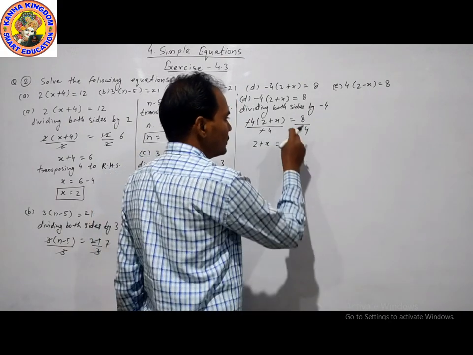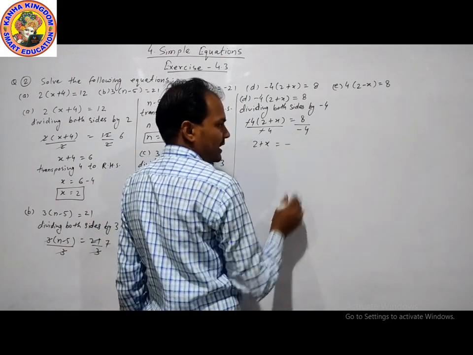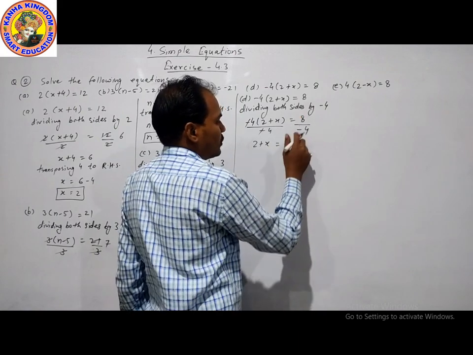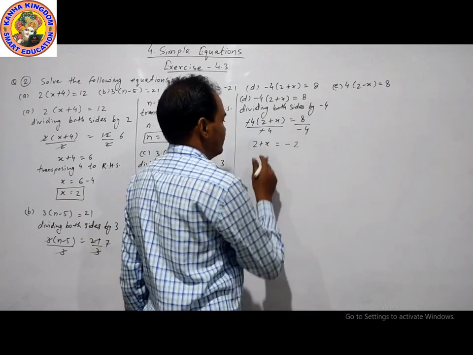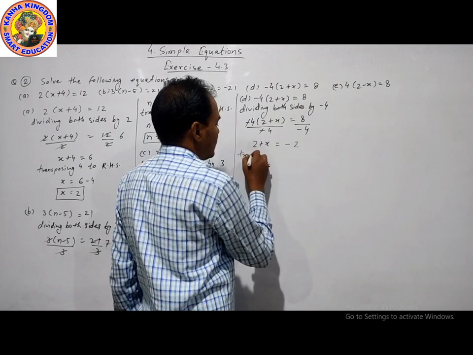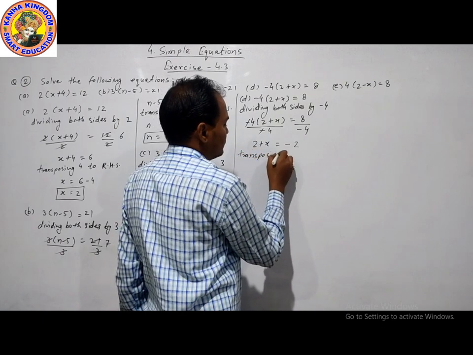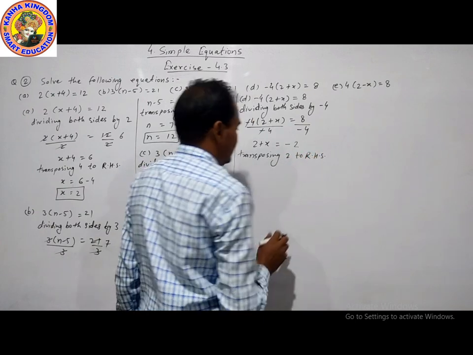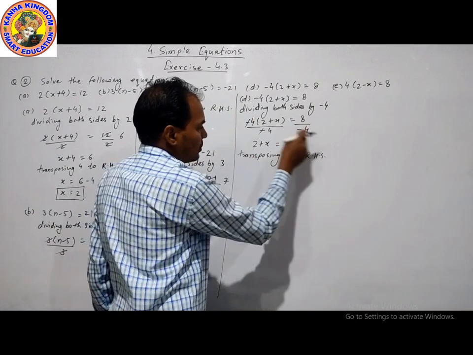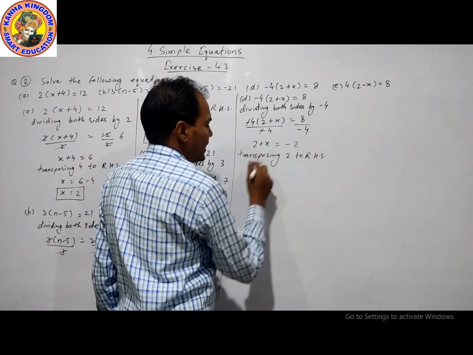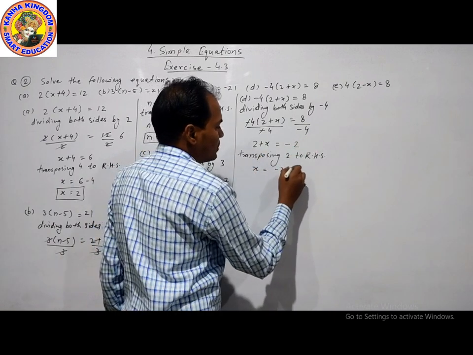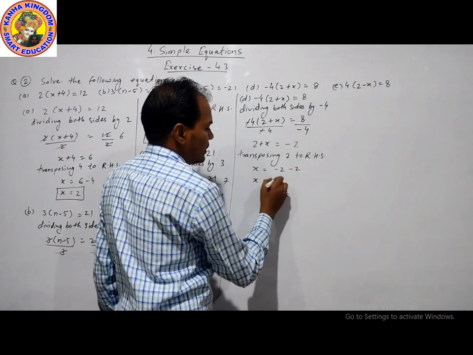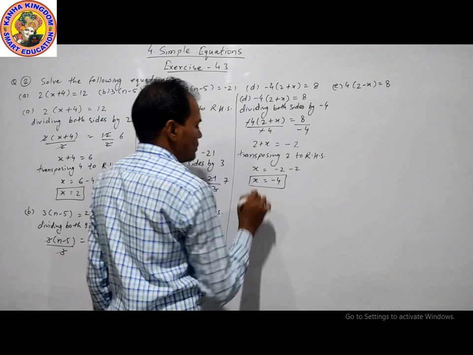Now 8 upon minus 4 is minus 2. Transposing 2 to the right hand side. Here is plus 2, it goes to the right hand side, this will be minus 2. So x is equal to minus 2 minus 2, x is equal to minus 4 is our solution.